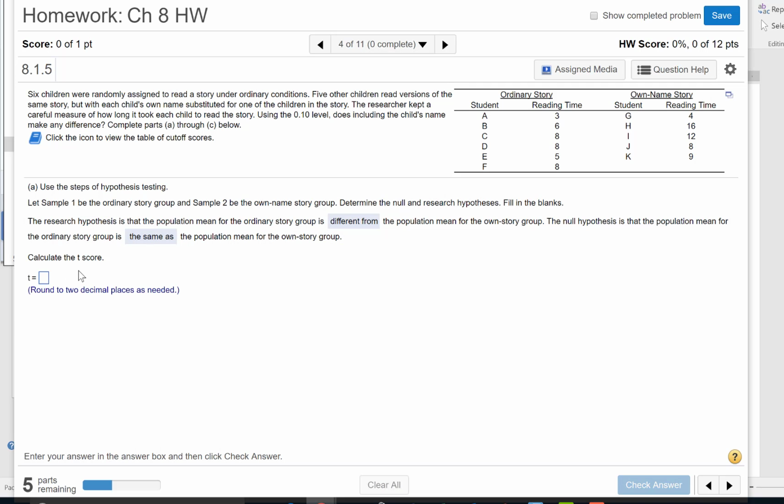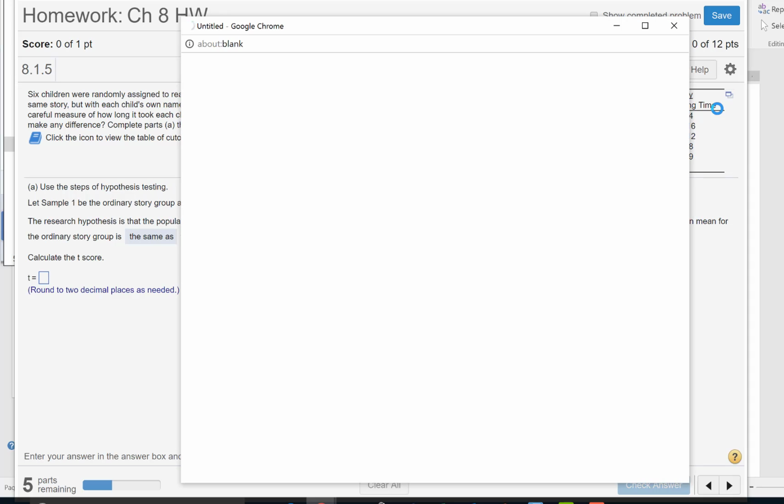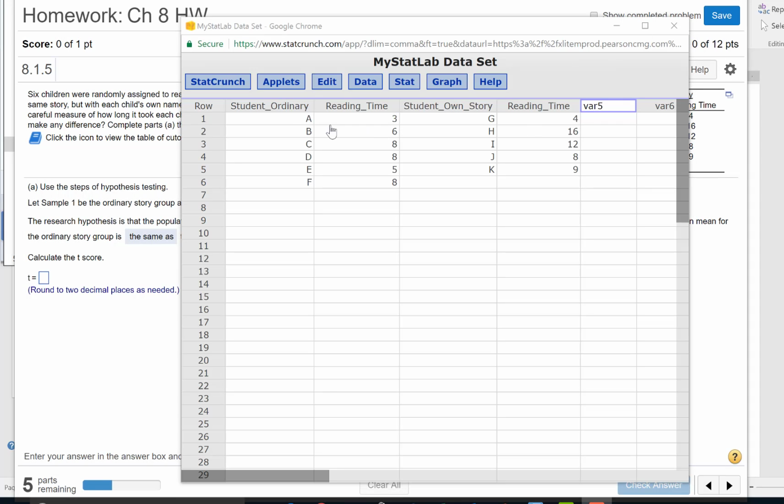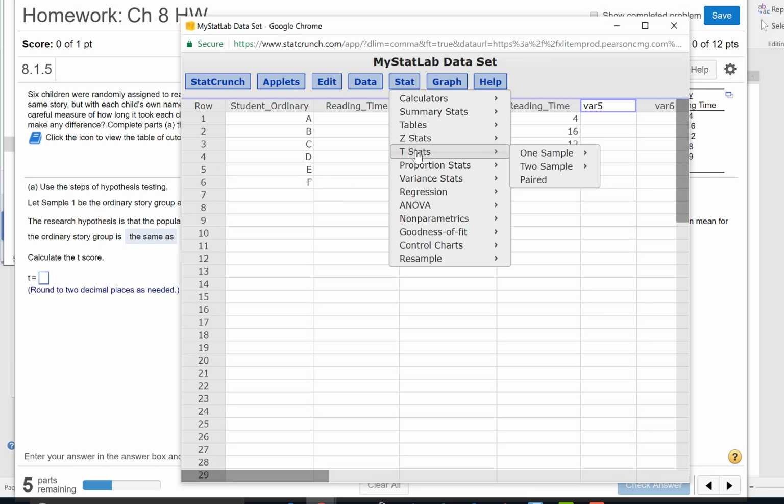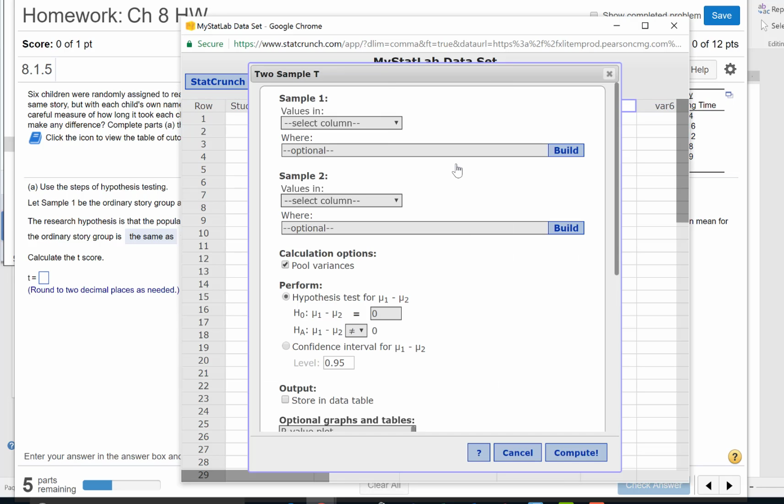Okay, now calculate the t-score. So I need to open up the data in StatCrunch. So click our little button here and open in StatCrunch. Okay, so we have 2 independent samples. So I'm going to go over here to Stat, T-Stats, and this is a 2 sample, and I actually have the raw data, so with data.